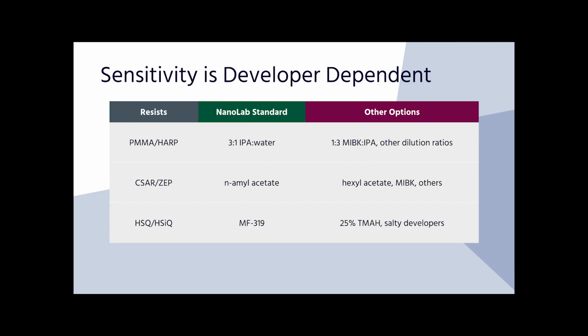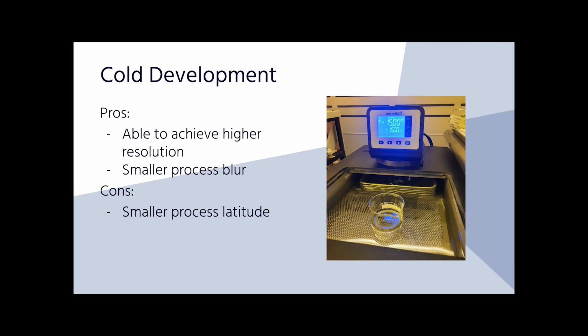The benefit of using a developer that requires a low dose is faster throughput. The benefit of using a developer that requires a higher dose is that you get better contrast between the exposed areas and the unexposed areas. As we saw with choosing the resist, there isn't a one-size-fits-all solution here.